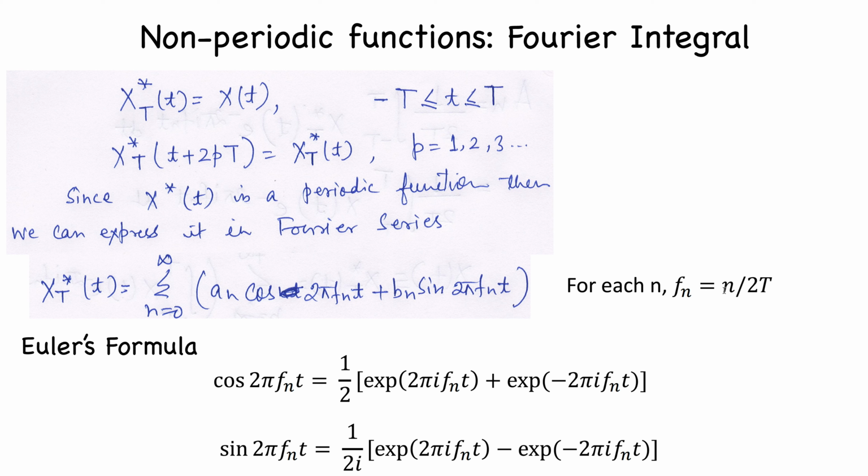In place of n we are writing f n, as I said before, n can be replaced in the form of linear frequencies. So in this case it is n by 2T, earlier it was n by 2 pi. And we remember Euler's formula, where we can write cos and sine functions in the form of exponential functions.